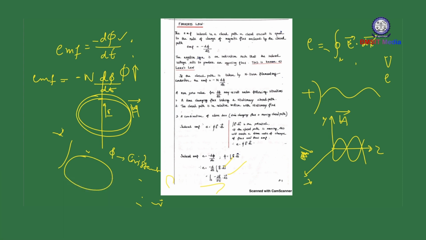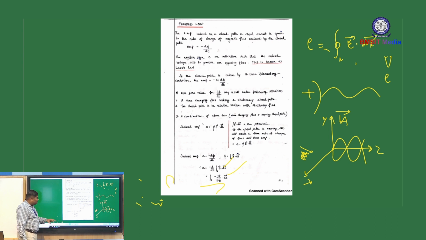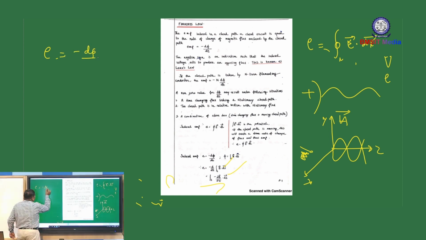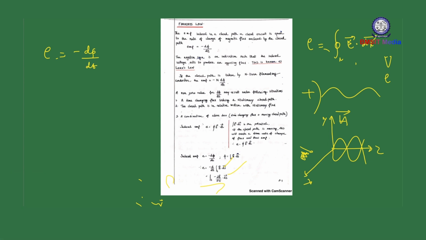Now the induced EMF is E equals minus d phi by dt. We know this. But what is phi? Phi is also equal to the integration of B dot ds.